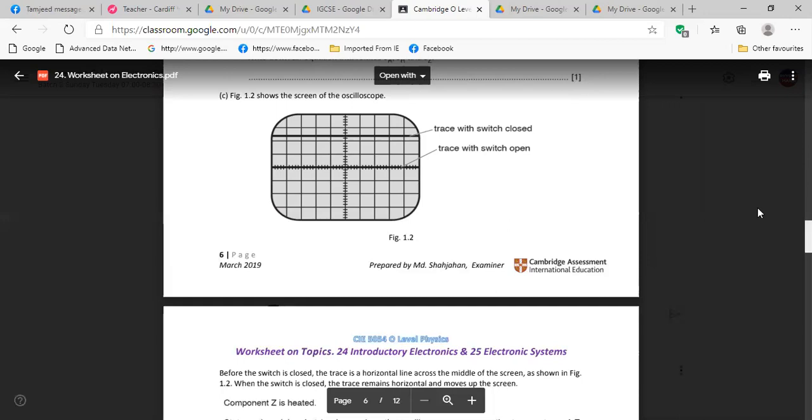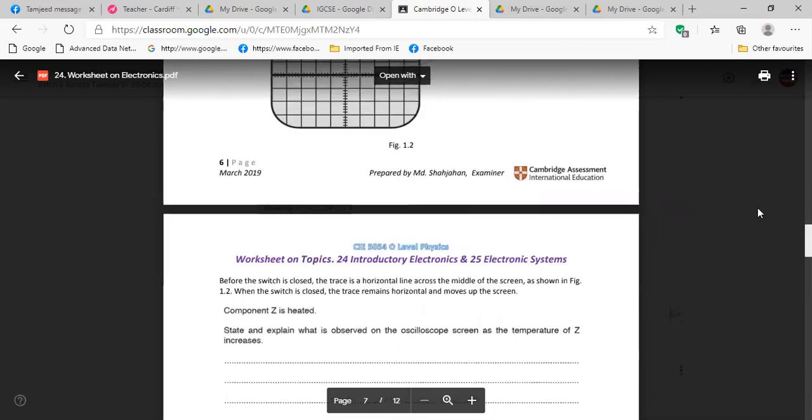If the temperature of Z increases, what will happen? But if the temperature of Z increases, that is a thermistor, right? If the temperature increases in the thermistor, then resistance will decrease.